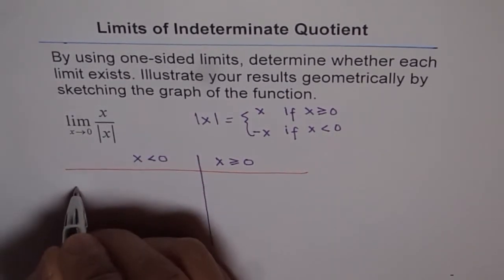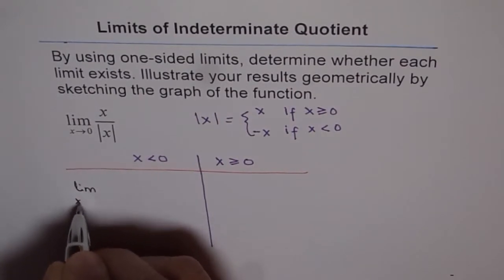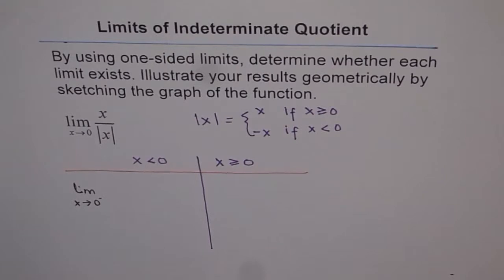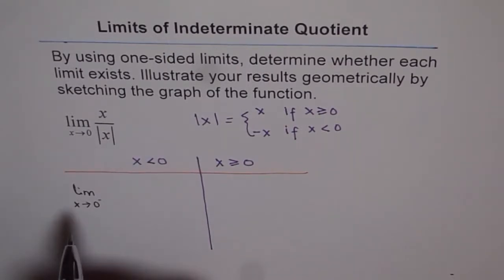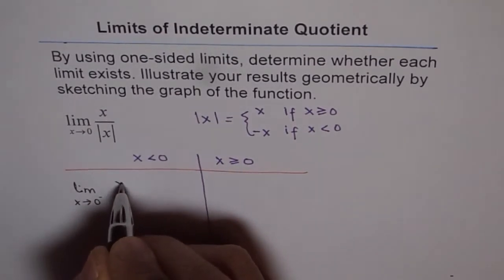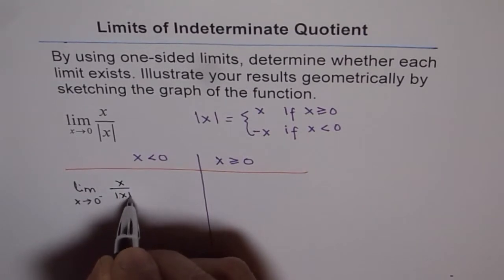So we can write this as the limit as x approaches 0 from the left side, like minus, right? This gives you the limit of the function approaching from the left side, minus as a superscript, of x over absolute x.